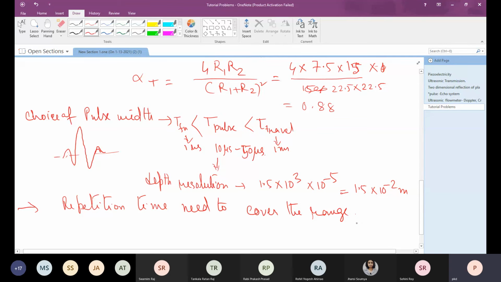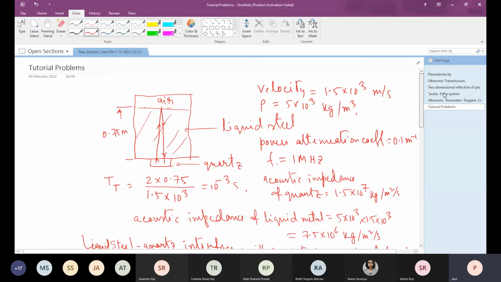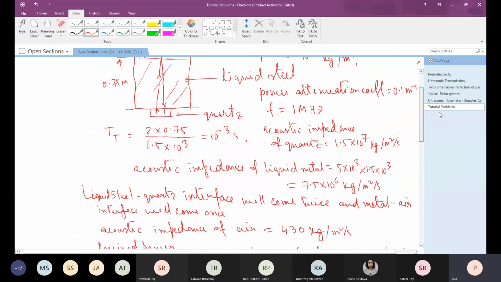Suppose 1 meter is the range. Say 1 meter, then repetition time could be greater than 1 meter travel time, twice that. 1 millisecond is that round trip time. I think, yeah, round trip time is 1 millisecond.